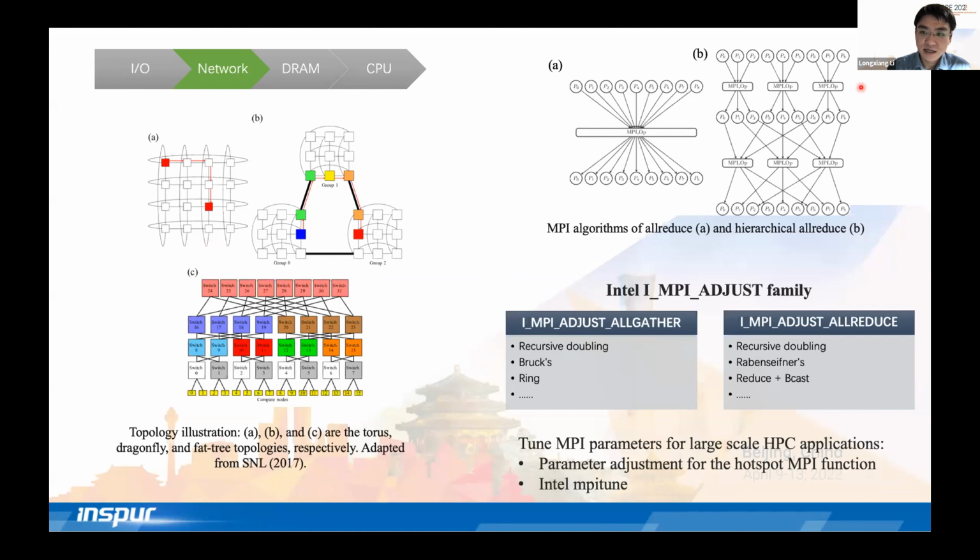For example, as we can see on the right in this figure, the reduce function could use send-receive or theoretical algorithms. For each MPI function, different algorithms may have different performance on a specific network topology. So in network optimization, we use the entire MPI software and adjust the algorithm parameters for the best performance.